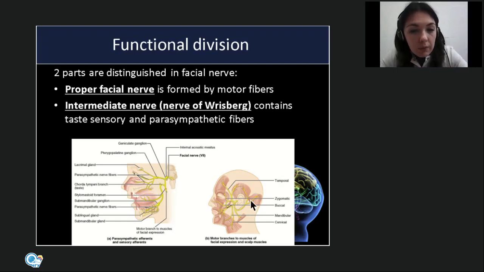But here in this diagram, you can see that motor fibers mainly form branches after the exit from the facial canal. And the sensory, taste, and parasympathetic fibers arise from the nerve inside the facial canal.